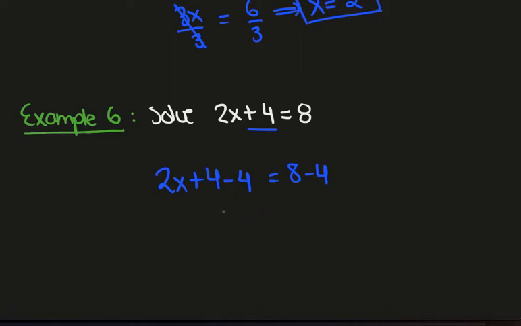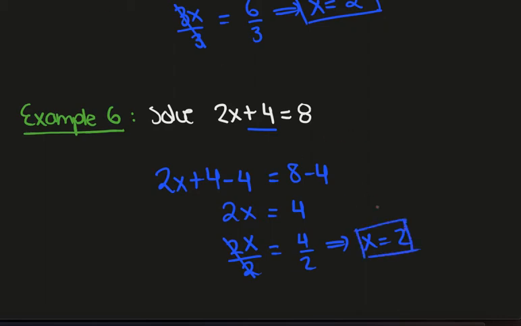The 4's cancel here, so I get 2x is equal to 4, 8 minus 4 giving me this 4 here. Now I have a multiplication by 2. The opposite of multiplication by 2 is division by 2. So I have 2x over 2 equals 4 over 2. And then these 2's cancel and I get 4 divided by 2 is 2, so the answer is x equals 2.